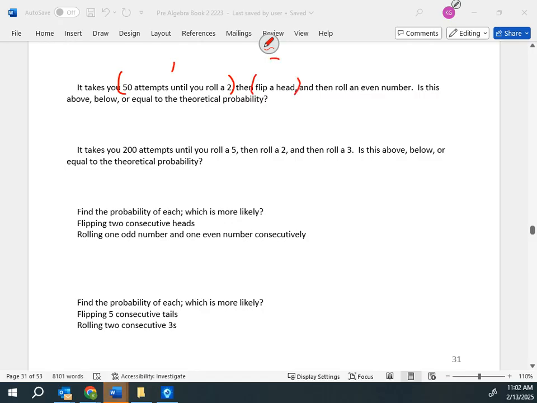Flipping the heads is event 2. Rolling an even is event 3. So really find your events and what the probability is of each individual event. Then multiply across. Does that make sense?